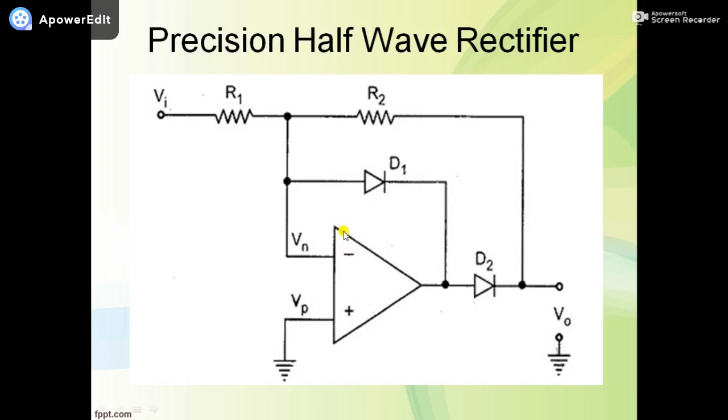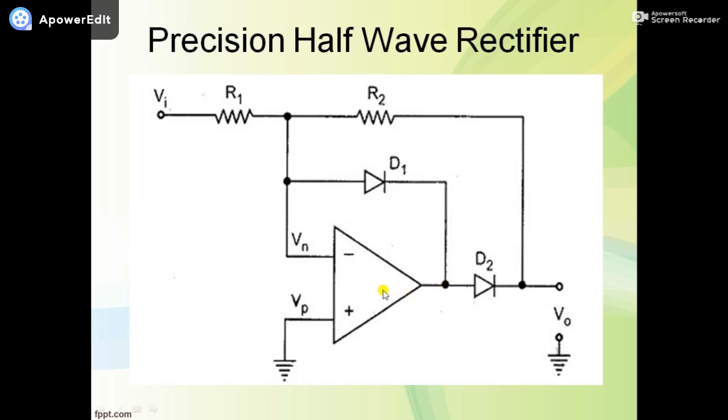This type of circuit is called an inverting amplifier. So when Vi is a positive signal applied to the negative of the op amp, the output of the op amp is a negative signal, because the positive is inverted to negative by the inverting terminal.